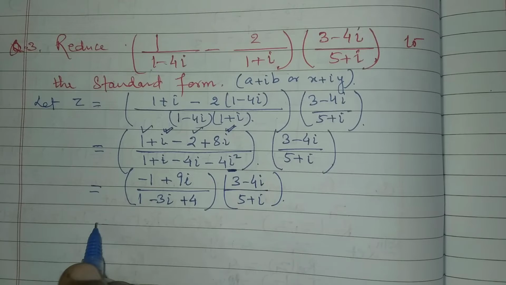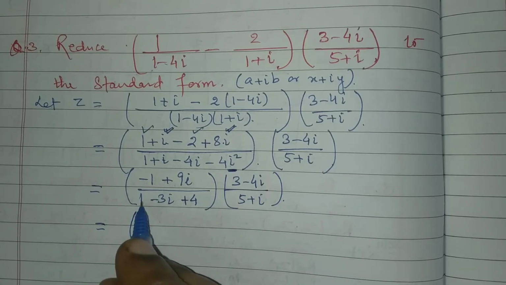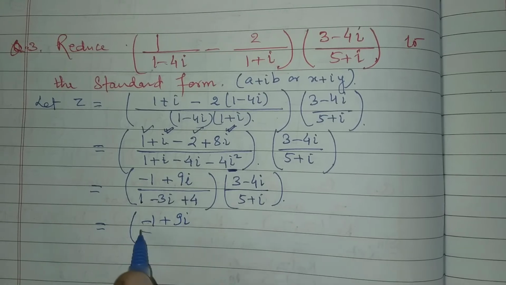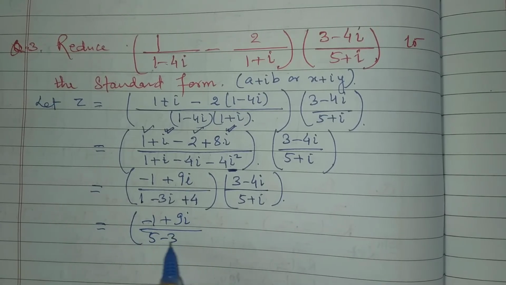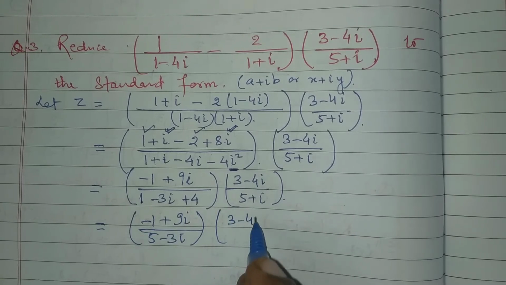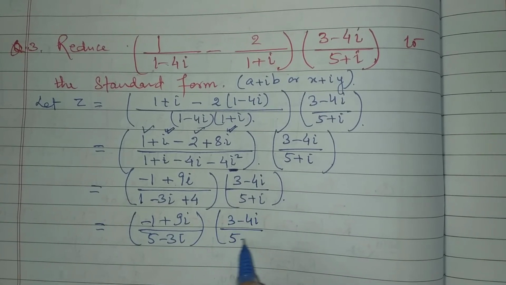So now minus 1 plus 9i divided by 5 minus 3i. This is 3 minus 4i. Just simplification is this.